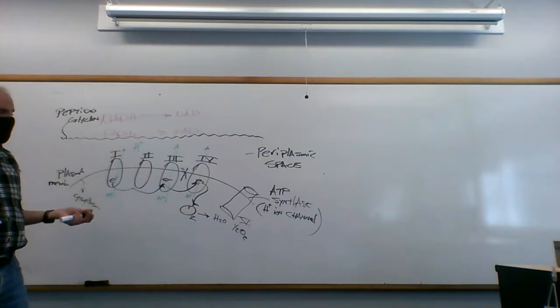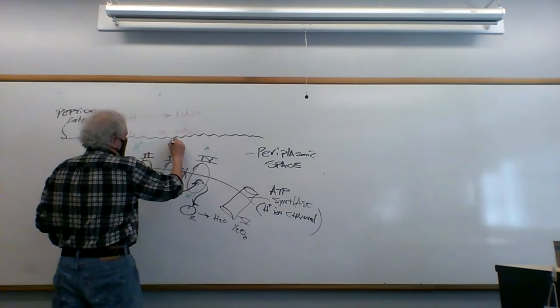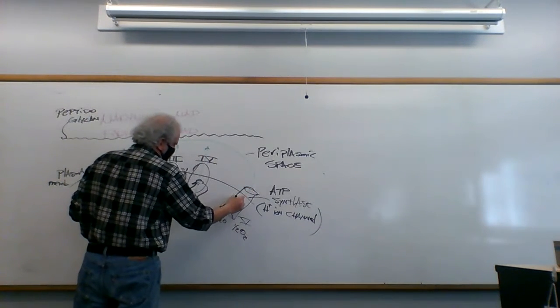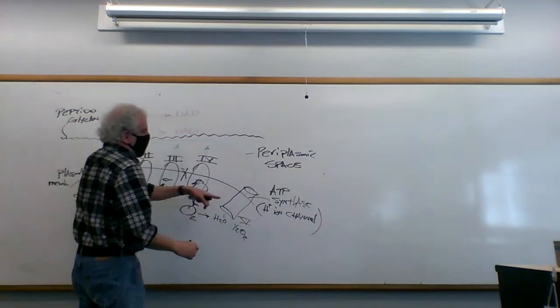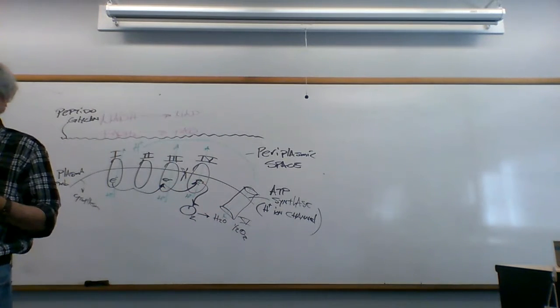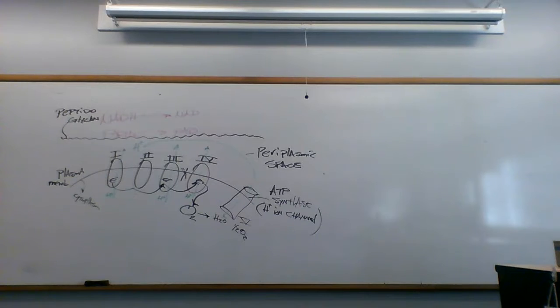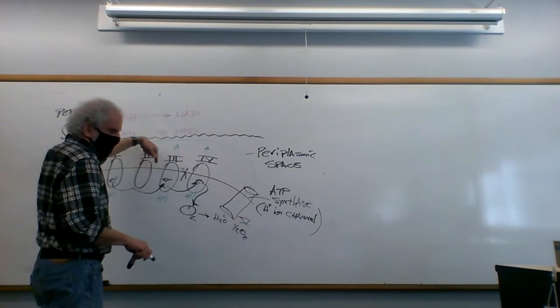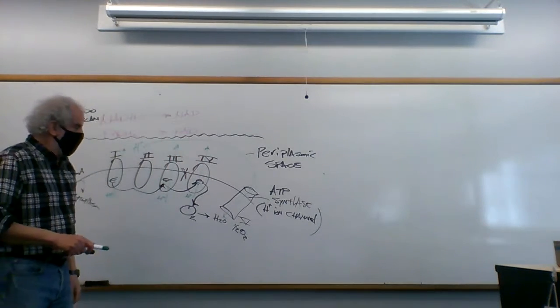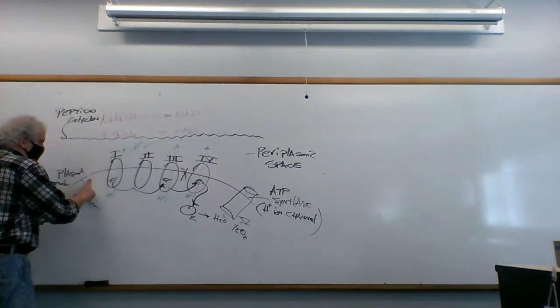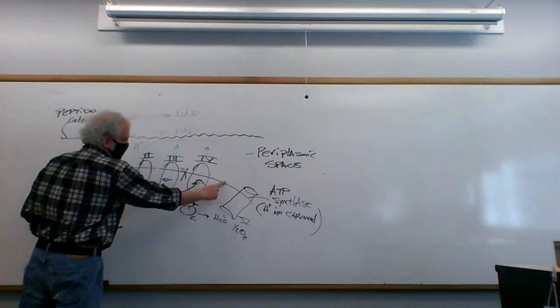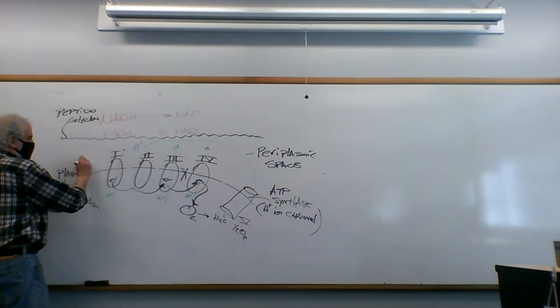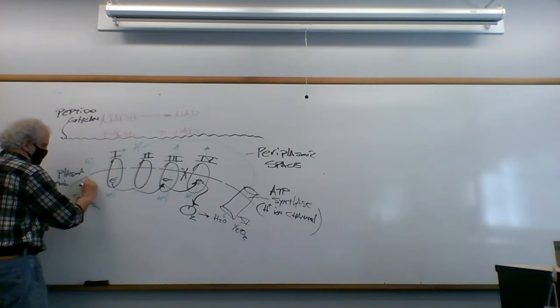This generates a diffusion gradient that allows the hydrogen ions to flow back through, and that's what drives the synthesis of ATP. So there are a couple of interesting biohacks you can do. One would be to put a block in this system. That'll screw things up. Another could be to punch holes into the membrane that would allow the hydrogen ions to slide back through.